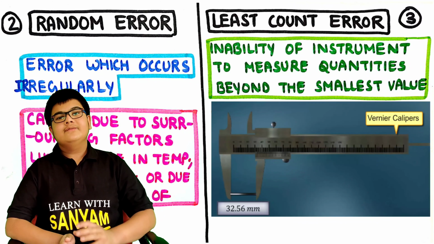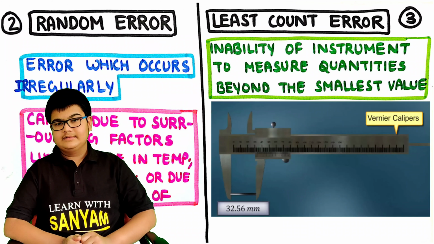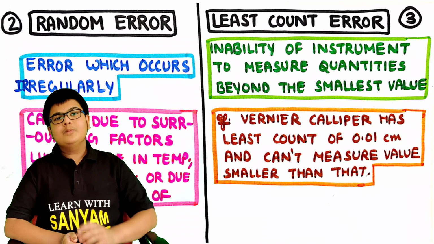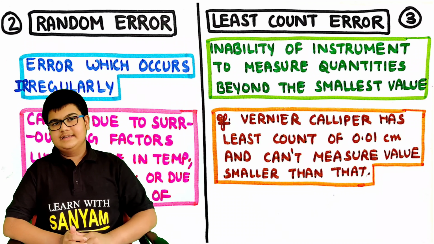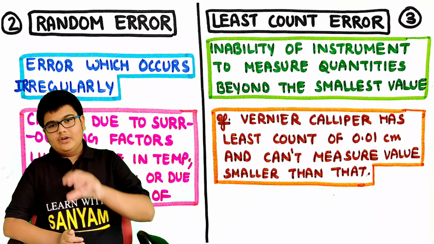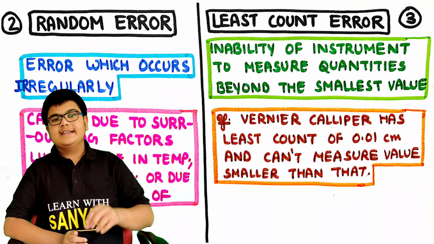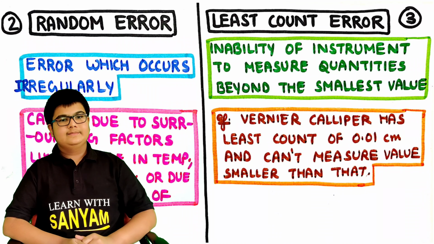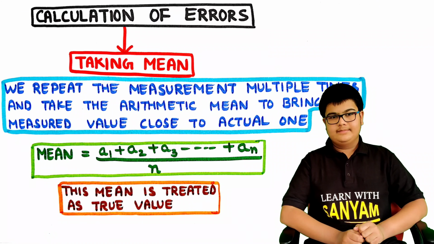So it cannot measure values with an accuracy greater than 0.01 centimeter. If we try to measure a smaller value than that, it will give an error. Such errors are called least count errors. This means that the instrument which we are using is not able to measure quantities beyond its least count.